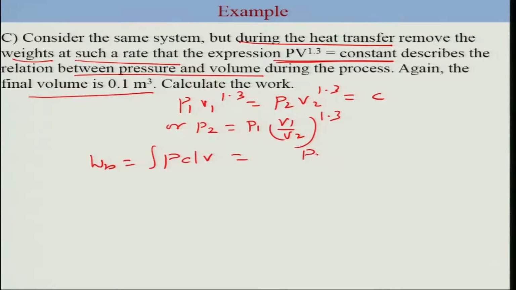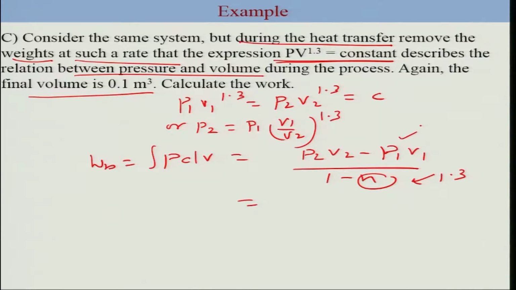This was (P2 V2 minus P1 V1) by (1 minus n). n here is 1.3, and you know P1, which was 200 kilopascal. Initially V1 is 0.04 meter cube. P2 you can calculate from this expression.